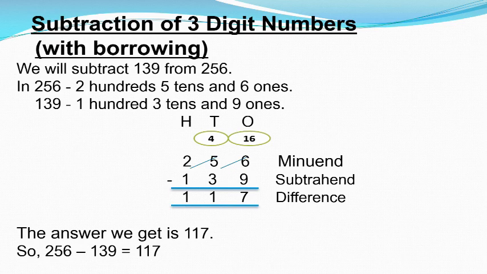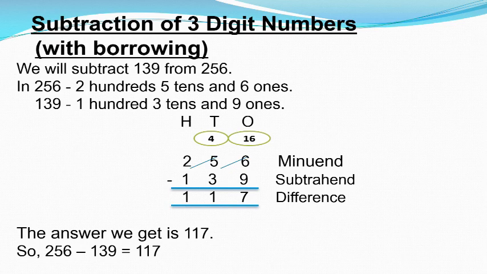In tens column, 4 minus 3 is equal to 1. Now, in hundred columns, 2 minus 1 is equal to 1. We have 100, 1 tens and 7 ones.